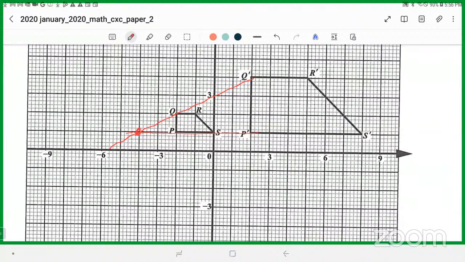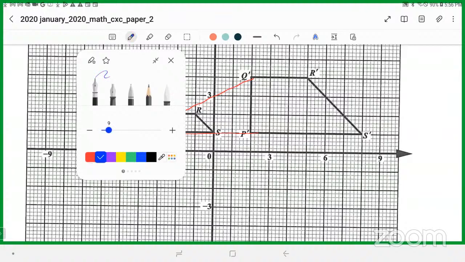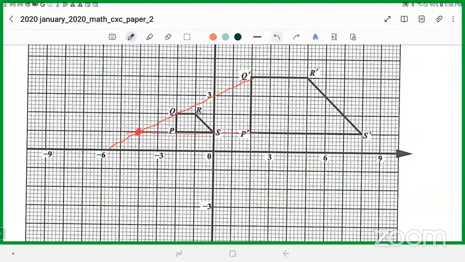I can check it because remember the scale factor also affects the distance from the center. So what do I mean? For example, the distance to P from this center is 2 units right here. If the scale factor is 3, then the distance from the center out to P prime must be multiplied by 3 and become 6 units.